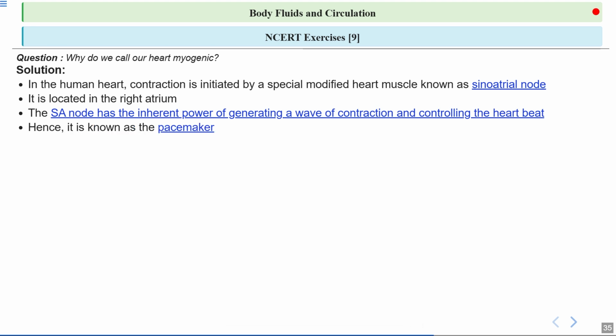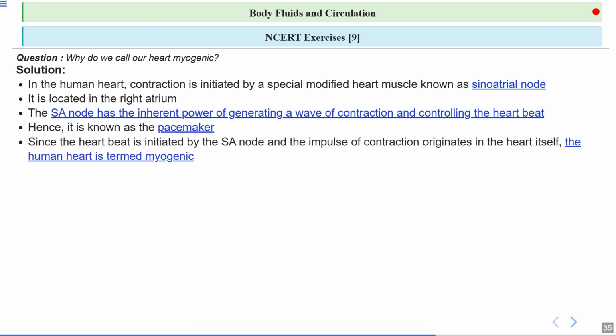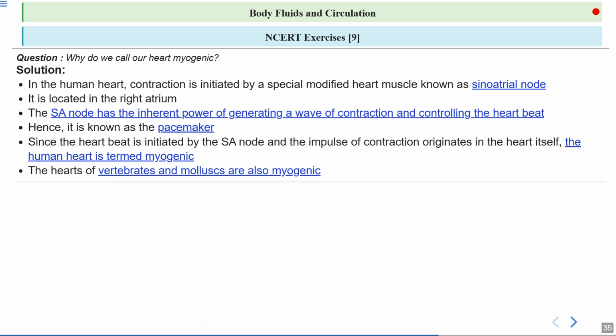Hence, it is also known as the natural pacemaker. Now, since the heartbeat is initiated by the SA node and the impulse of contraction originates in the heart itself, the human heart is termed myogenic. Okay, now the hearts of vertebrates and mollusks are also myogenic.